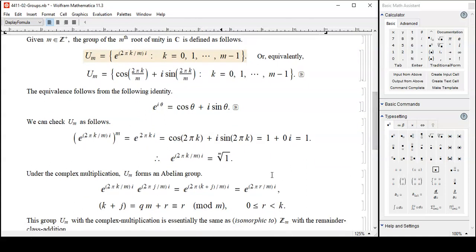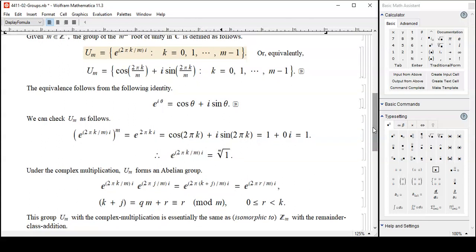Now, please note that this Um forms a multiplicative group, and that group is abelian. Basically, we have this kind of multiplication, e to the 2 pi k over m times i times e to the 2 pi j over m times i. And then if we apply that exponent rule, we just add up the powers.